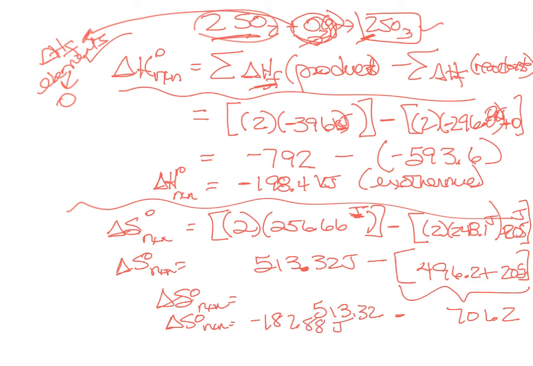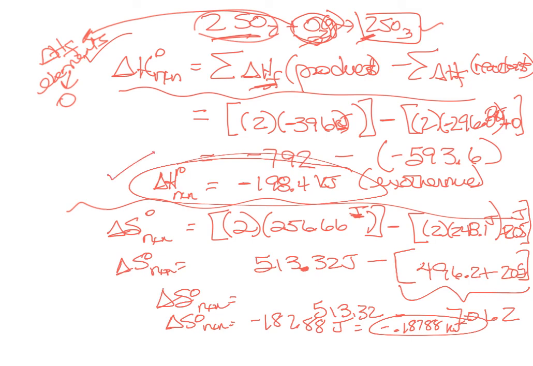I'm going to change that to kilojoules right now so that it matches the units for the enthalpy, so I'm going to divide by 1,000. So it's minus 0.18788 kilojoules.